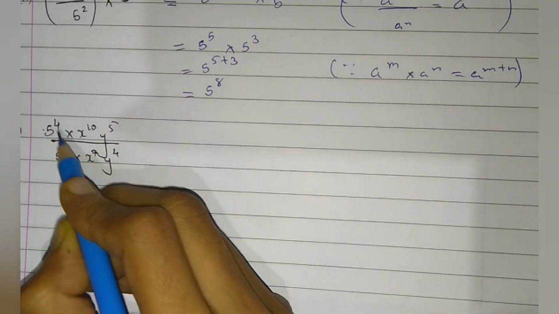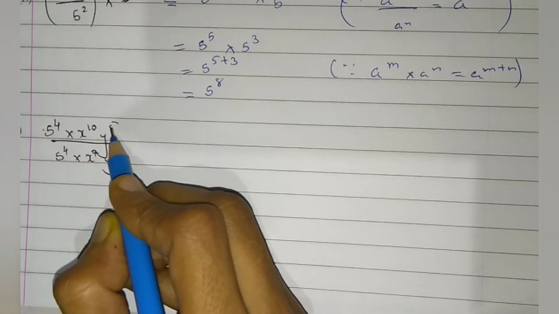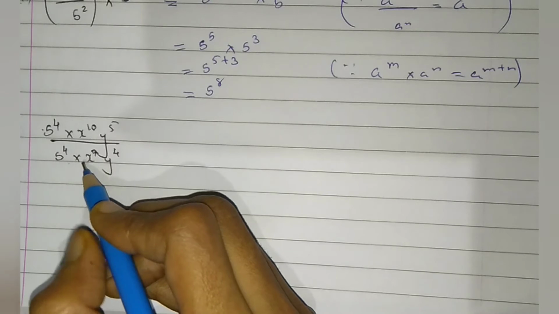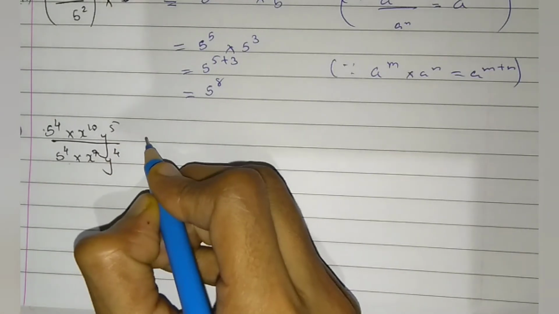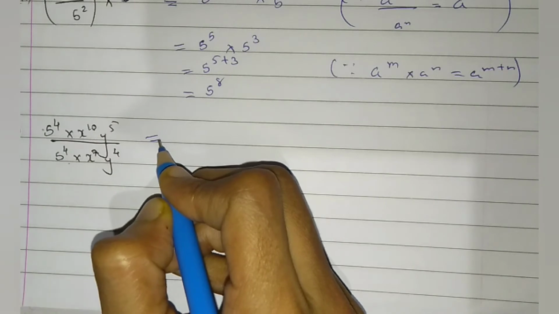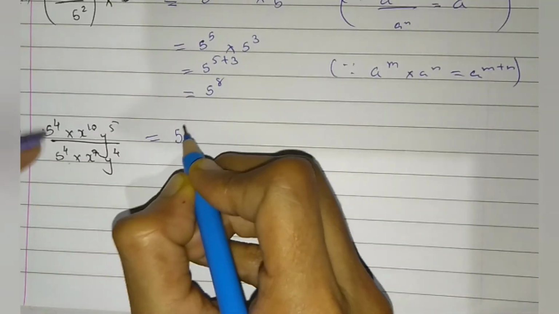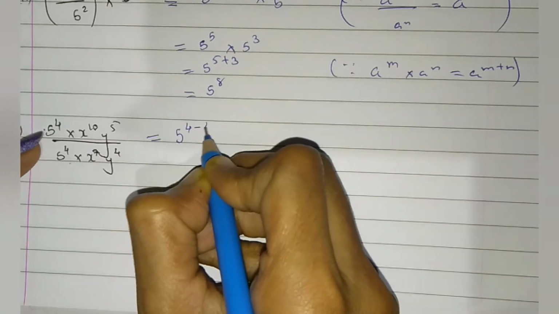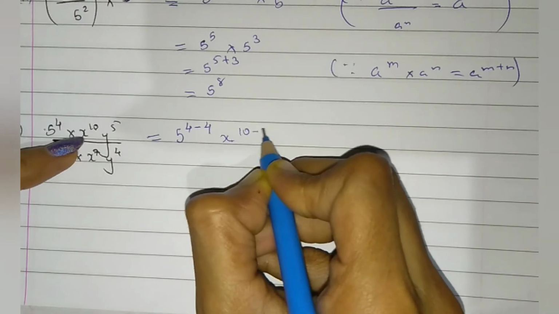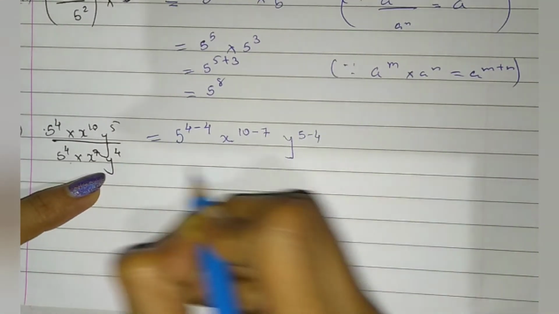Now 5 raised to 4 into x raised to 10, y raised to 5 upon 5 raised to 4 into x raised to 7, y raised to 4. Now first of all it is in division form. So if it is division form and the same base, we can minus the powers. So 5 minus 4, x also 10 minus 7, and y also 5 minus 4.